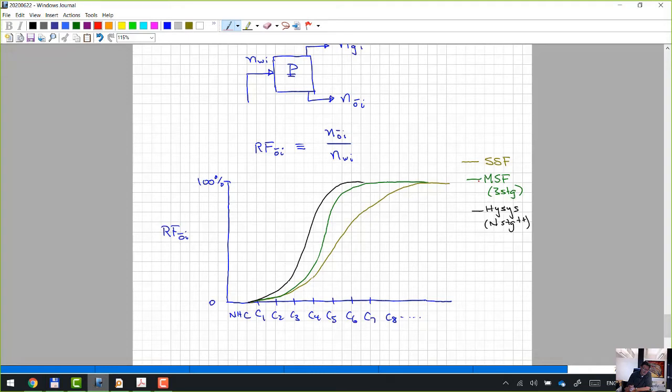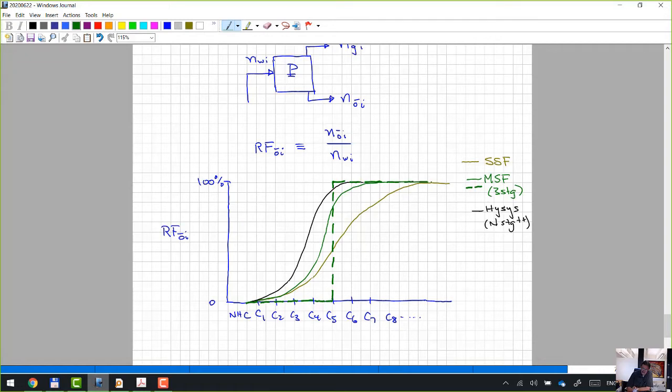Maybe I should use green instead. To this multi-stage flash here, what we're going to say is that all of the light components, maybe including C5, is a little uncertain, but it could be those two, none of those components make it into the liquid, but as soon as you get past C5, you get all of the components into the liquid phase.